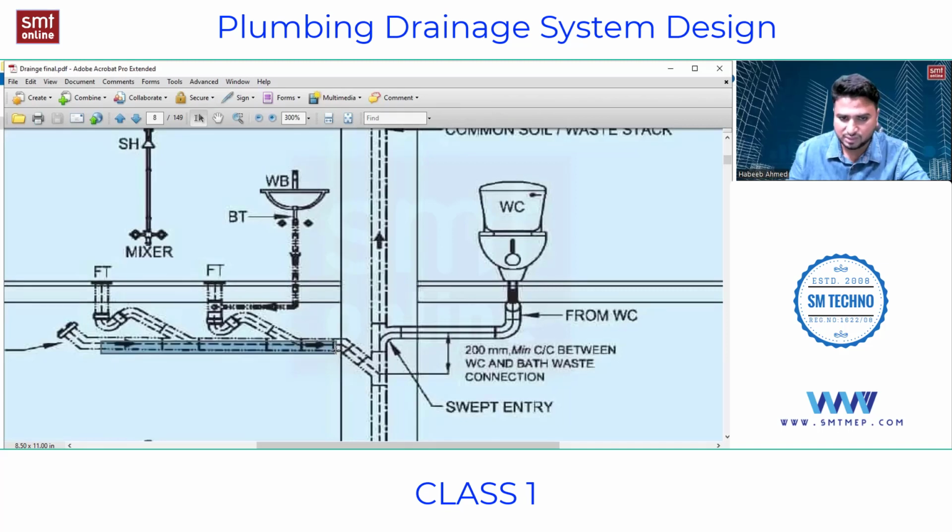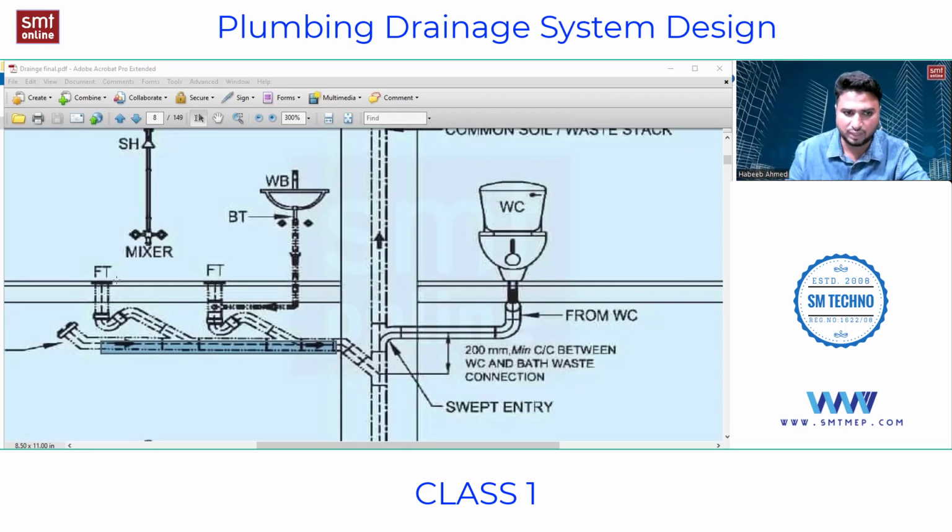And this horizontal line again connects to this one line, which is again a common stack. That is why it is called a common stack, because this stack is carrying the waste not only from the WCs but from these fixtures also. That means, in simple words, in a single stack system, excreta and sewage both are carried in one single pipe.